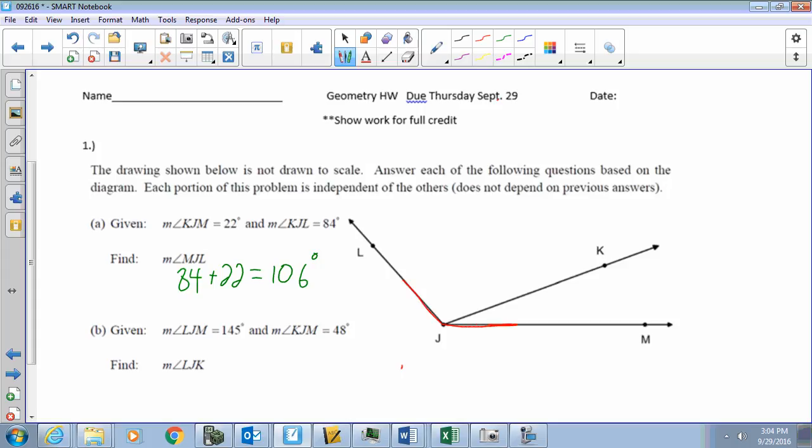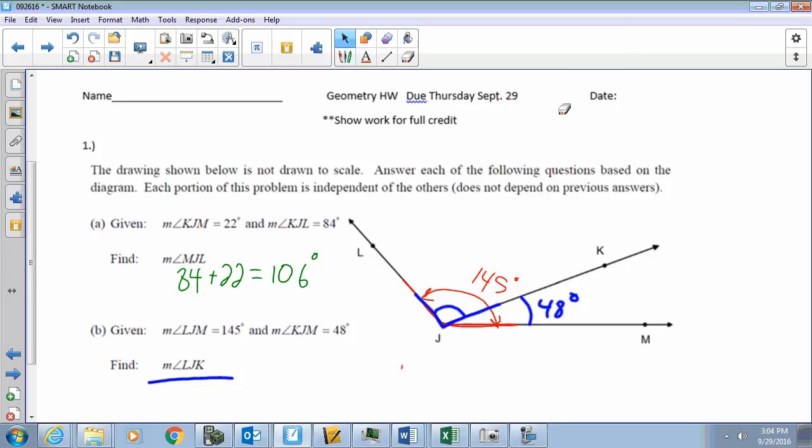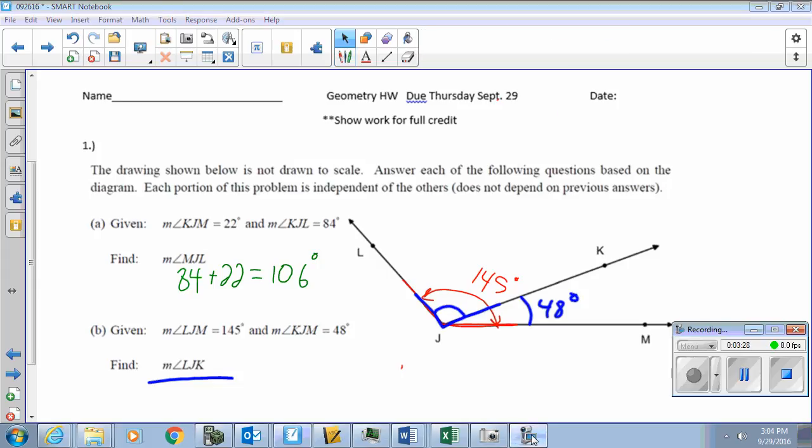Let's just say they told you that your entire angle here was 145 for the entire thing here. And you knew KJM, just this part, was 48. Then they're asking you to find LJK, which would be just this part here. All right, so how would you do that? So I'm not going to go over that one. Hopefully you can do that one from there.